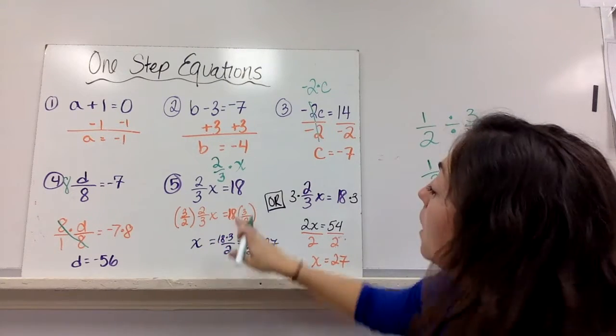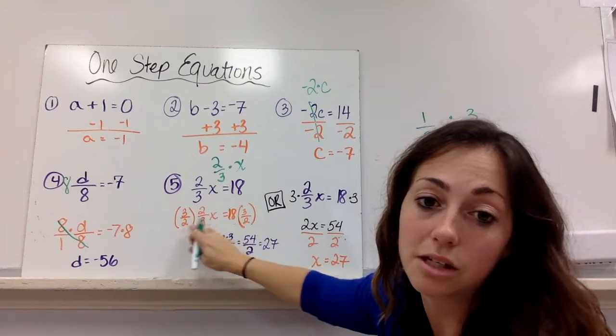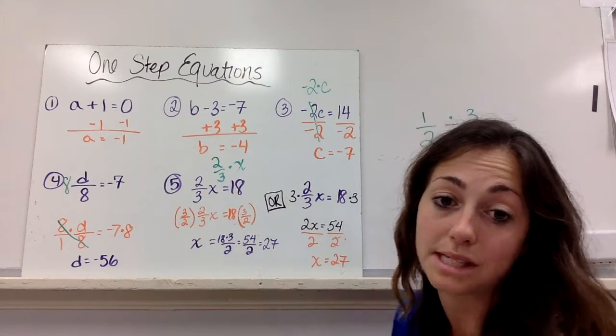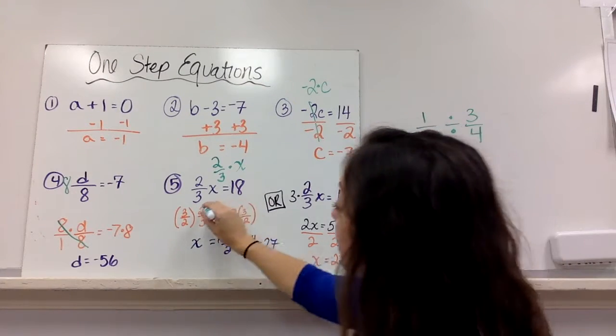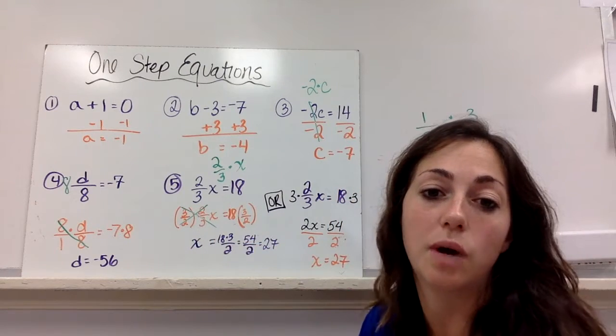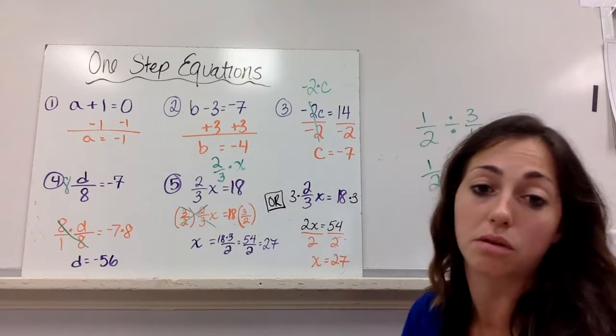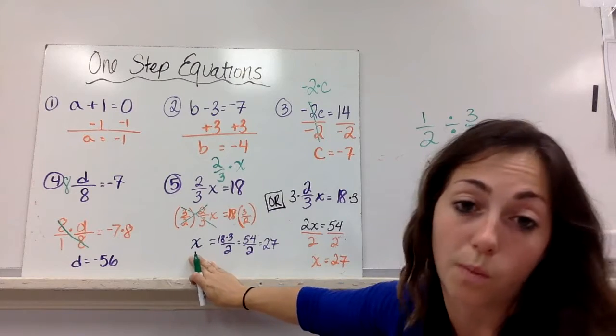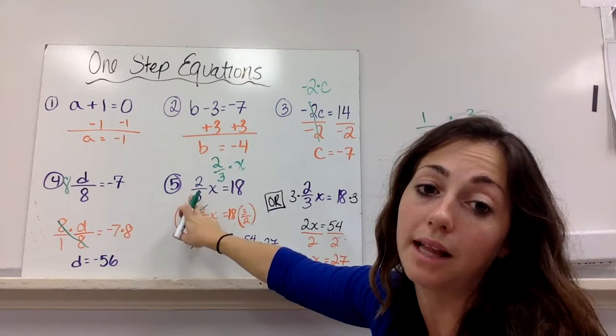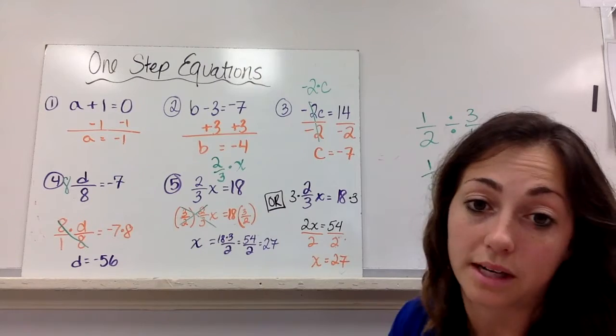And you can kind of see why now. 3 times 2 is 6, and 2 times 3 is 6. 6 divided by 6 is 1. Right? They cancel. 2 cancels with the 2, and the 3 cancels with the 3. You'll have 1x, which is just x. Now if I multiply the left side by 3 over 2, I have to do that to the right side.